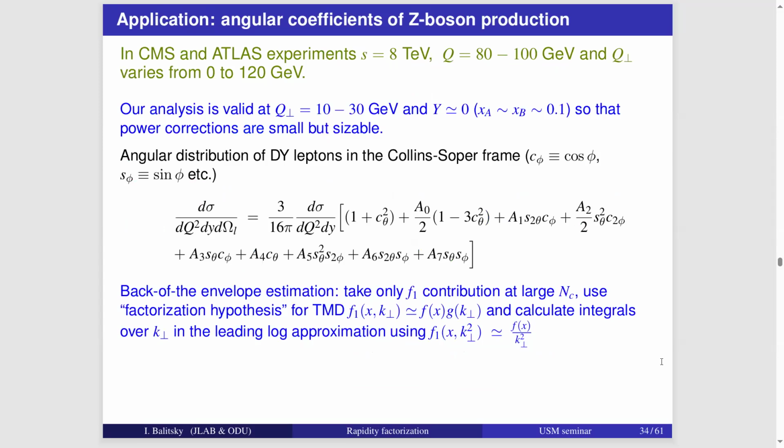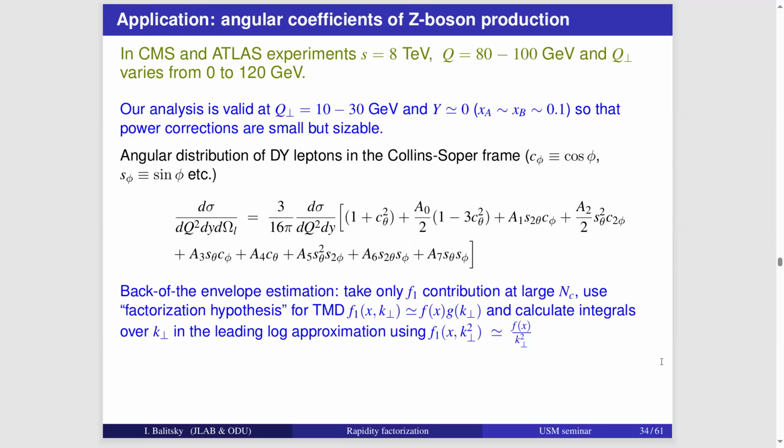and I will present you the result for Z-boson production in experiments at the LHC, in this kinematical range where q_perp varies from 0 to 120, but our analysis is valid when q_perp is smaller than the invariant mass Q, and in the central region of rapidity.